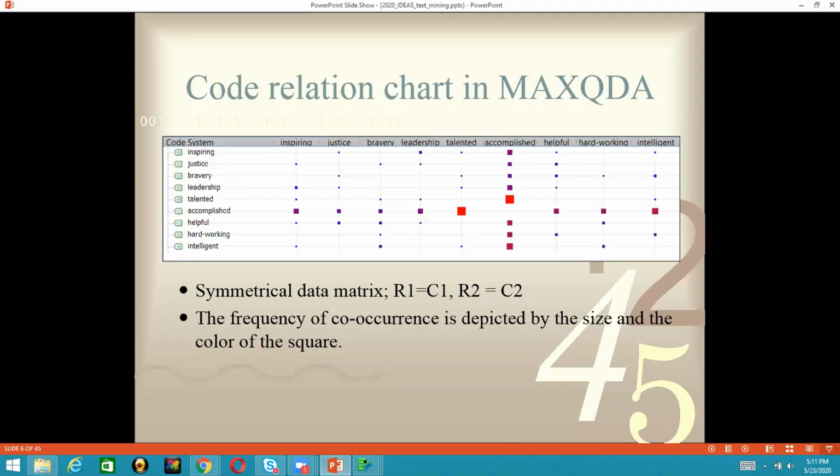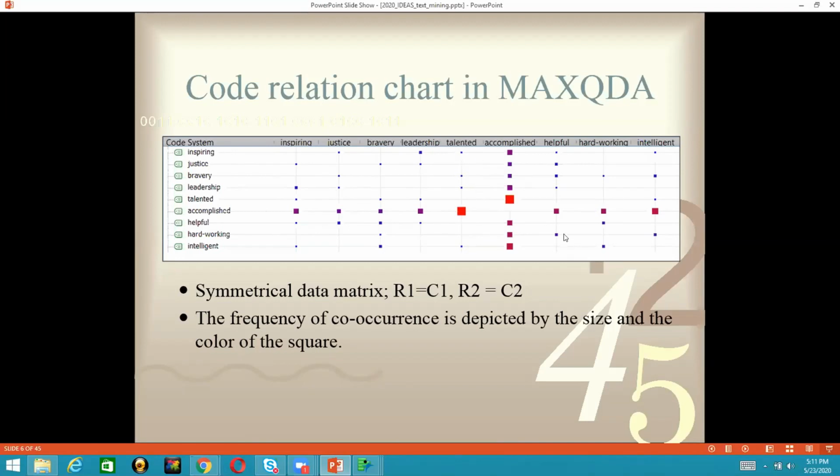When people classify the text, they then find out the interrelationships. What you see is a visual presentation of an Excel spreadsheet. In Excel, you may put these concepts, these ideas, as a matrix, row by column, and then you put down the number: how often when people mention accomplish, how often do they also mention talent, and so on, right?